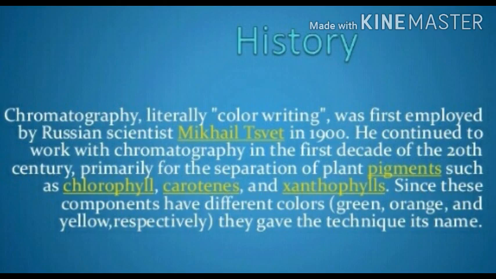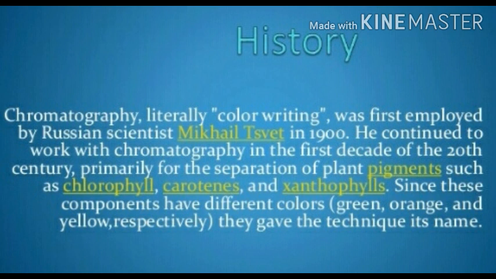It is the Russian scientist Mikhail Tswett, in 1900. He continued to work with chromatography in the first decade of the 20th century, primarily for the separation of plant pigments such as chlorophyll, carotenes, and xanthophyll.